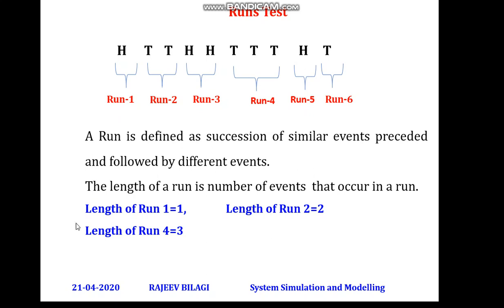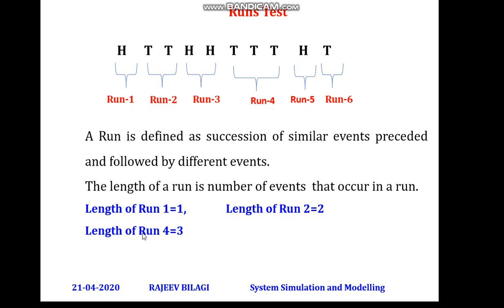Now the length, there is one more important term, the length of a particular run. For run 1, how many H's are there? Only one H, so the length of run 1 equals 1. If you look at run 2, there are two T's, so the length of run 2 is 2.